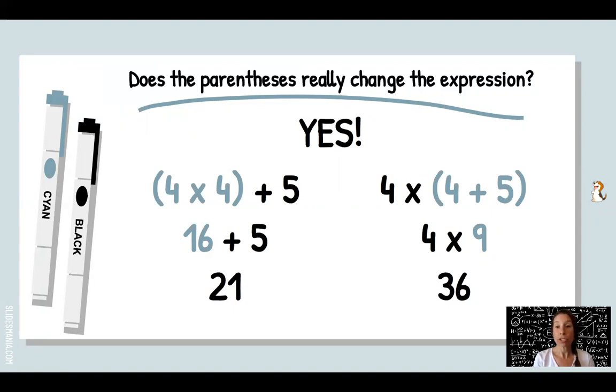So I did that first and I got 9. Now I need to multiply 4. So 4 times 9 equals 36. So the same numbers and operations in the expression, just the parentheses are in different places, but it totally changes the answer. So that's a great question.